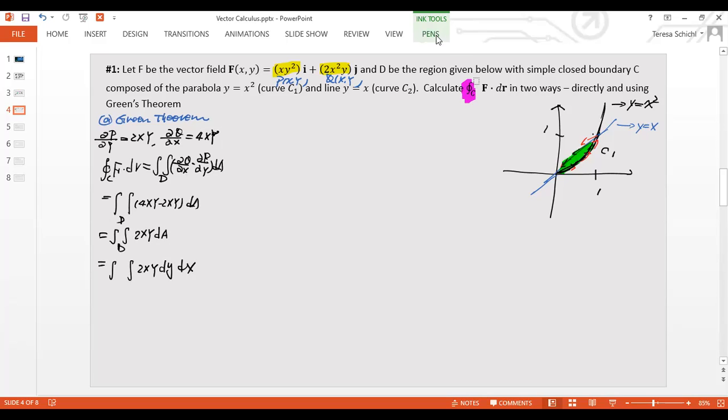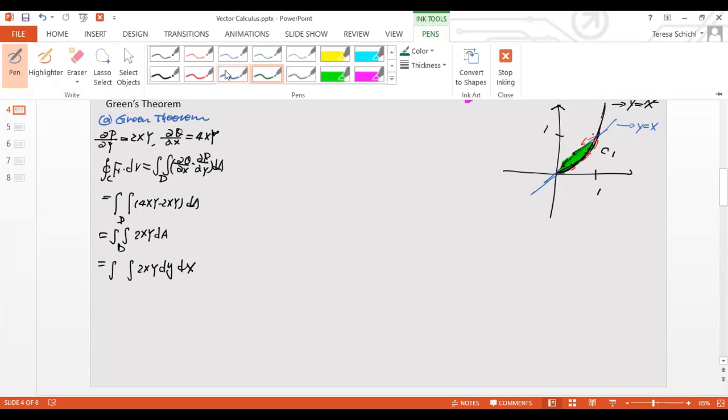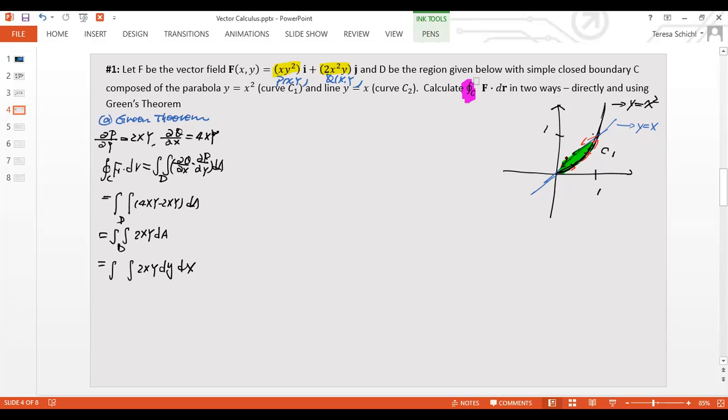That means for dy you integrate in this direction. Where does it start? At x squared, so that's what you put here, and you end at x.